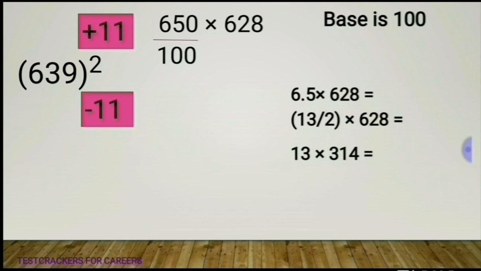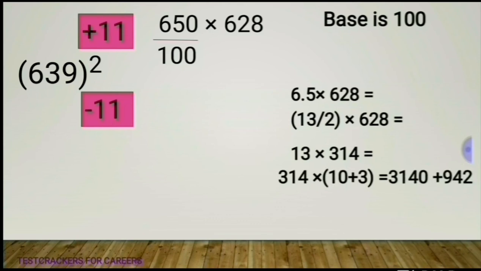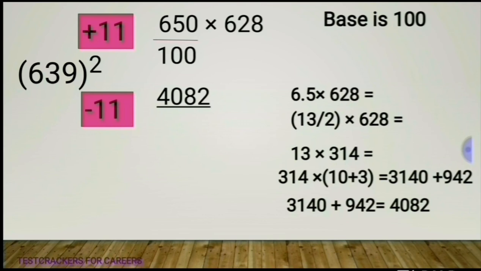We write 13 as 10 plus 3. We get 314 into 10 plus 3, which is 3140 plus 942. When we add 3140 plus 942, we get 4082. The first part of the answer is 4082.